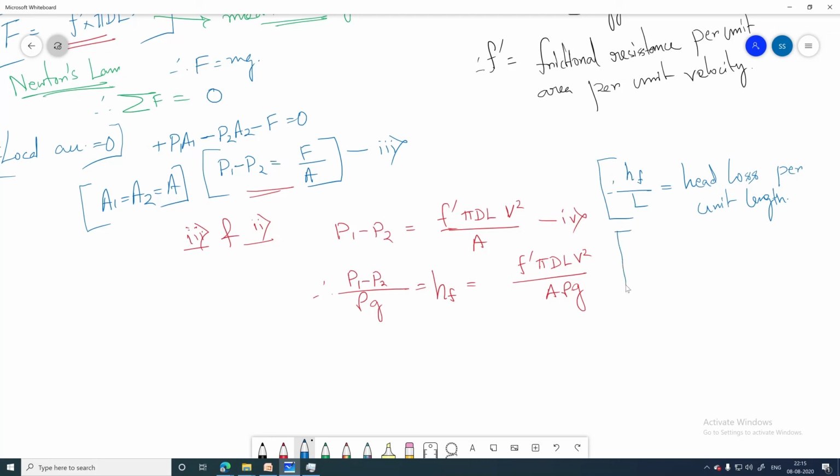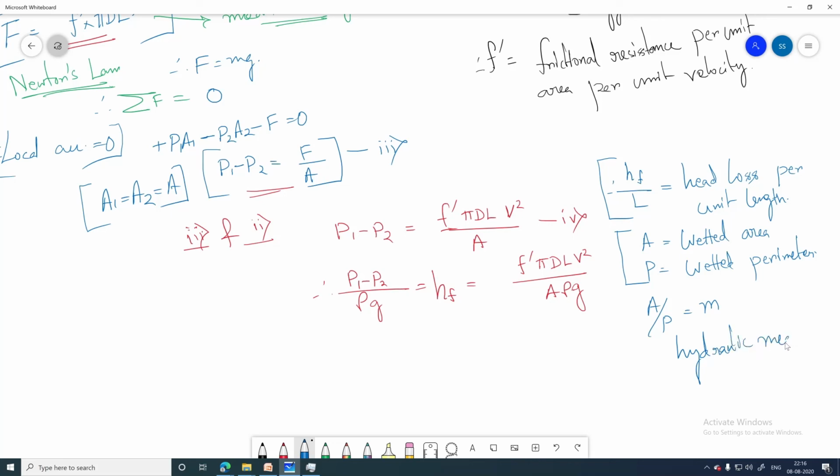Also, A is nothing but the wetted area and P is the wetted perimeter. A by P is termed as the small m, and it is defined as the hydraulic mean depth.